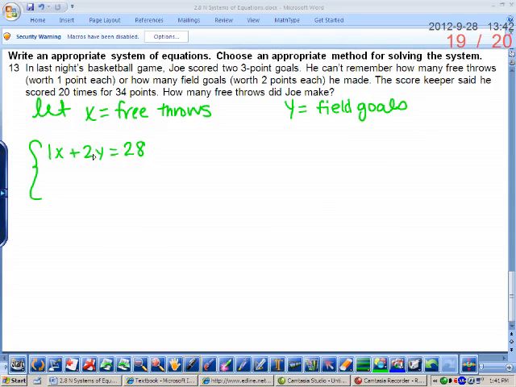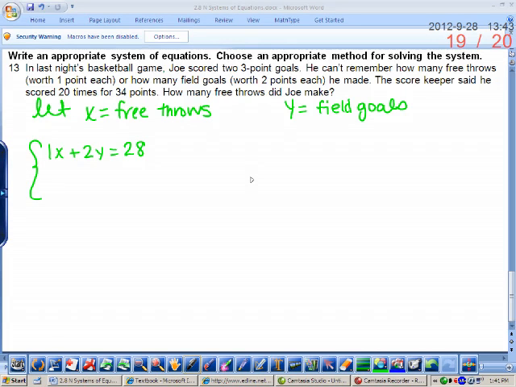And each of these represents the number of points per shot. Awesome. Ideas for the second equation? The 28 comes from the fact that he scored 34 points total, but 6 of those points were from his 2 3-pointers. So we went ahead and subtracted it. You could have written this as 6 plus x plus 2y equals 34 and then solved it from there.